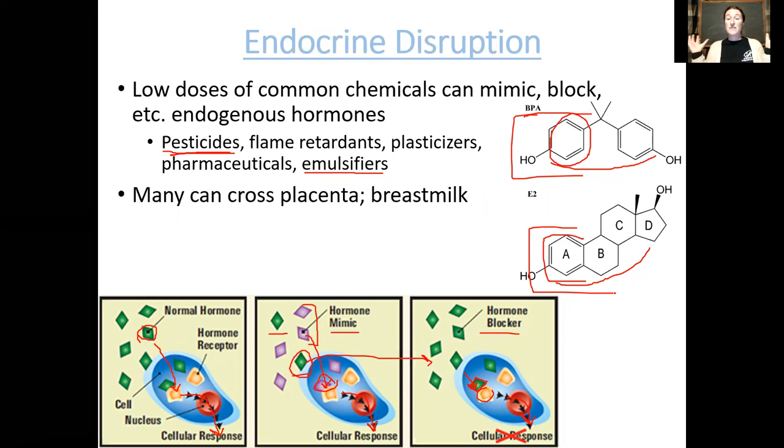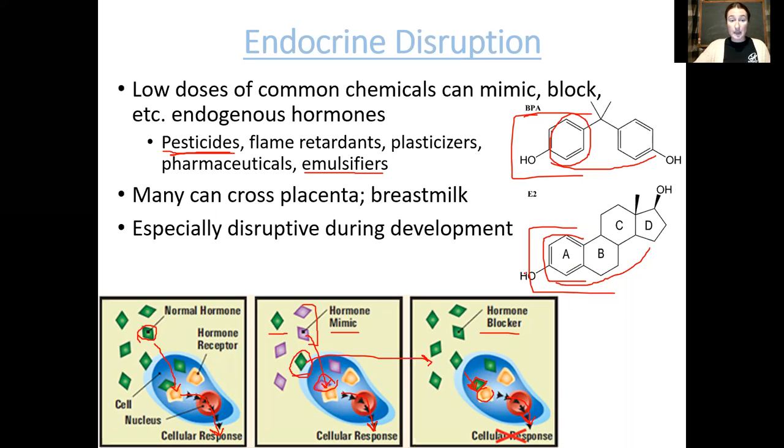And of course, baby is very small, right? So a smaller concentration of these chemicals can have a much bigger effect. And these things can mimic hormones, and hormones expressed at different levels at different points in development has a huge impact on whether, for example, you become a boy or a girl. Right? So very big implications here.